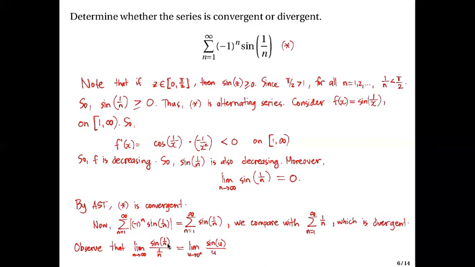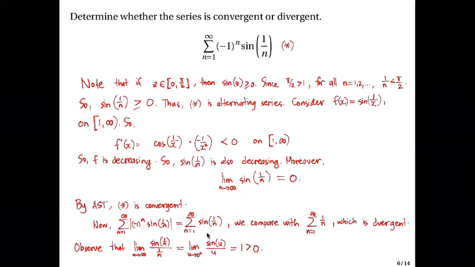As n approaches plus infinity, 1 over n goes to 0 from the right. So if you replace 1 over n by u, you will have sine u over u, and u approaches 0 from the right. And recall that this is just equal to 1, and this is greater than 0.